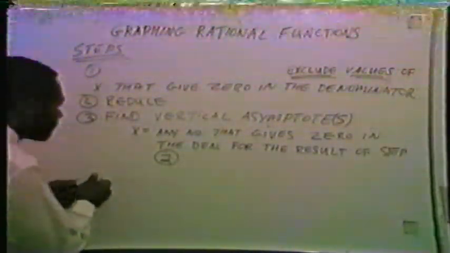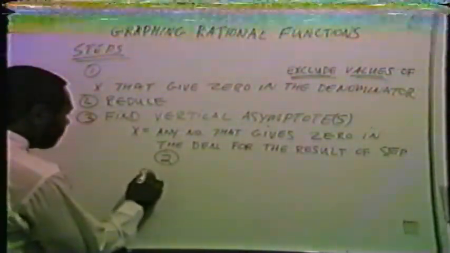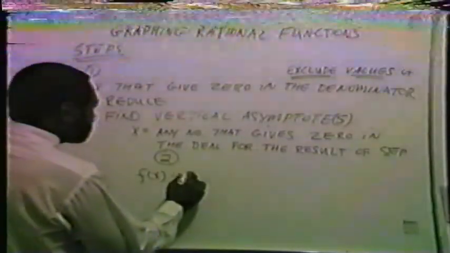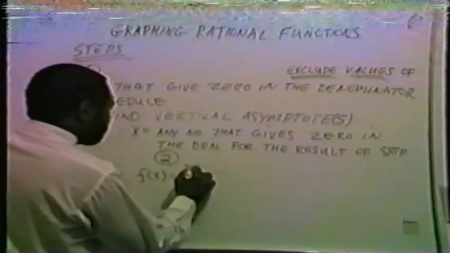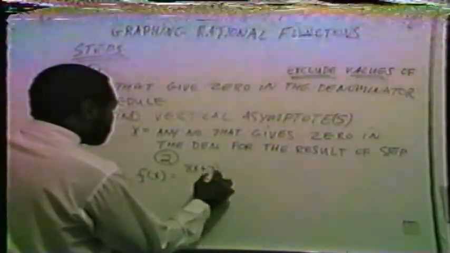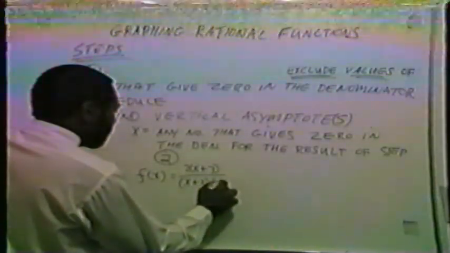For example, an example of step 3, if I have f of x equals 2 times x plus 3 over x plus 3 times x minus 2.